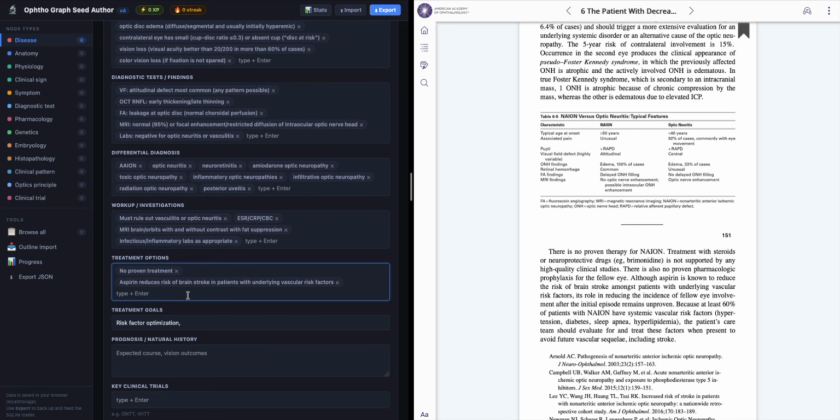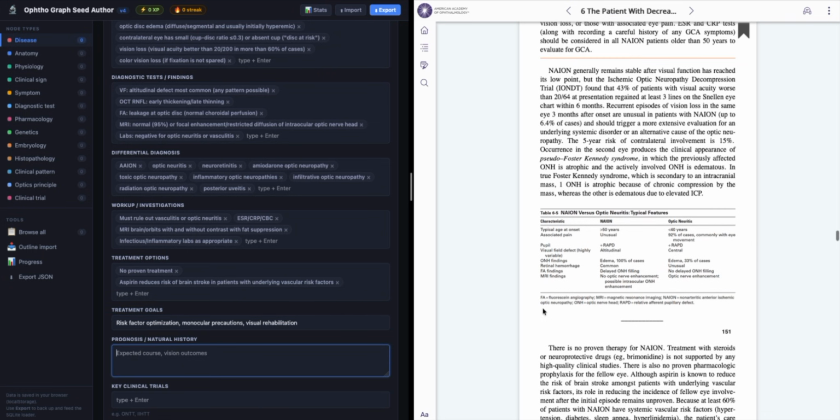Okay, so that just kind of helps describe the treatment options there. And then under treatment goals, there's risk factor optimization. We can include in there monocular precautions and visual rehabilitation for those who need it.